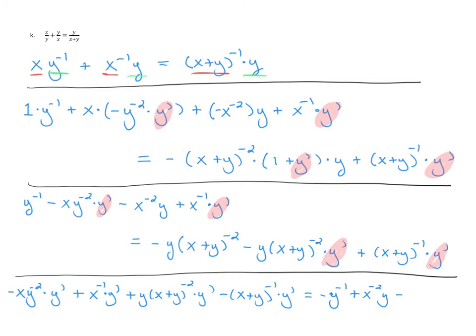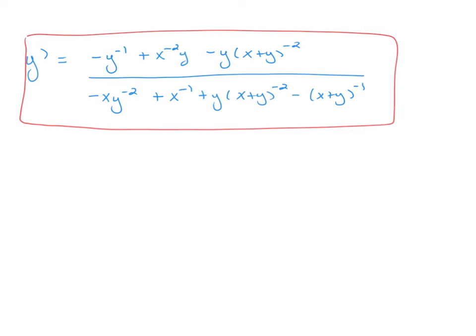So we get negative y, x plus y to the negative 2. From here, I factor out the y primes. It's 4 of them. And I'm going to divide the remaining stuff to this side of the equation. So I'll put that on the next slide.